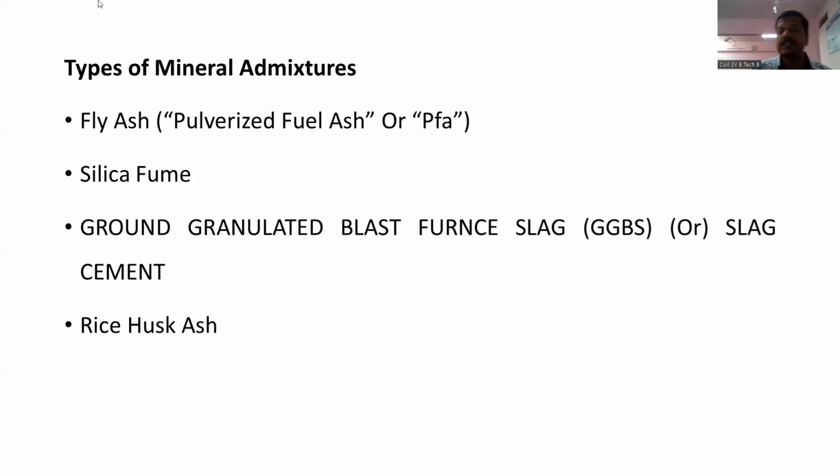Okay, any more questions in chapter number 3? If not, we will start our chapter number 4, that is properties of hardened concrete. That is the next part that we are going to start now.